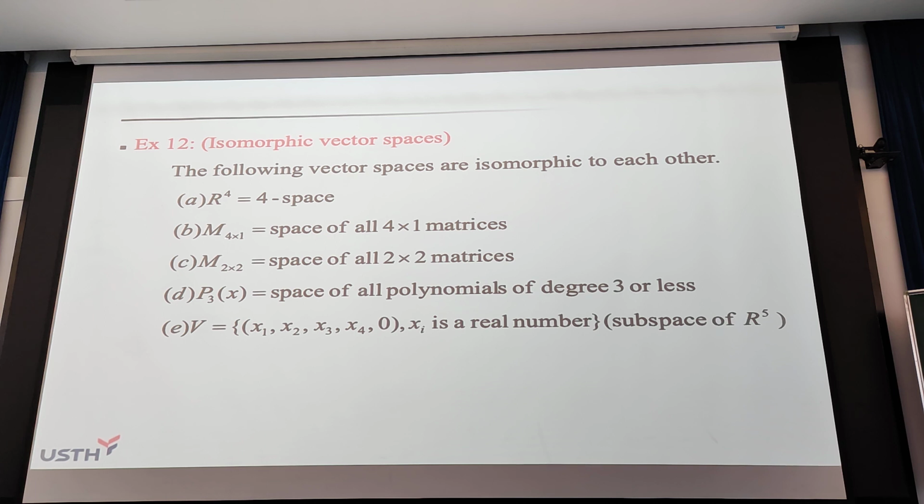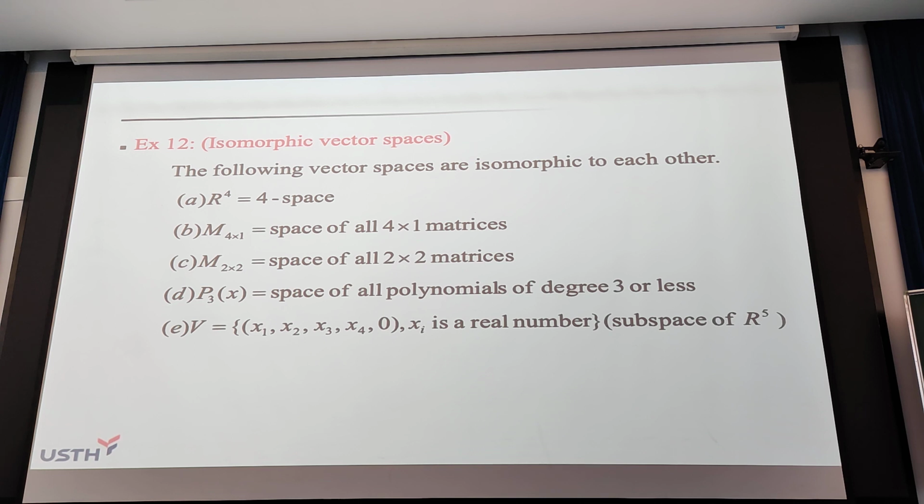Now, if you consider M4 by 1, that is the space of 4 by 1 matrices, that is a column space having 4 rows, that space also has dimension 4. And if you look at the M2 by 2, that is the space of square matrices of order 2, that also has dimension 4. Or if you consider the space of polynomials of degree 3 or less, that also will have dimension 4.